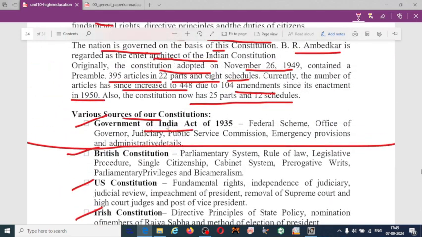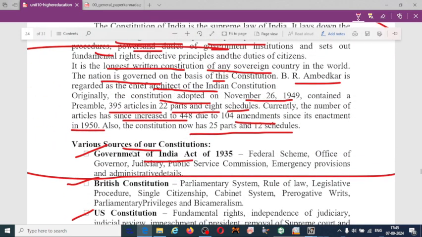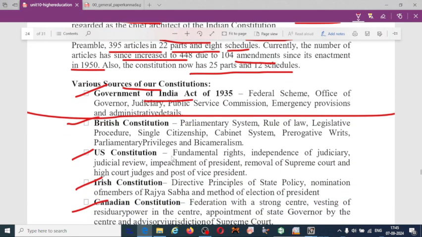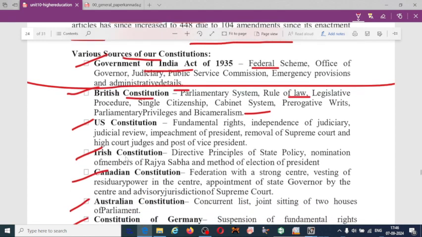So, our Constitution has been built from various important points from the Constitutions of different countries. Government of India Act 1935: these are the concepts that have been covered. British Constitution: these are the concepts covered from the British Constitution. Parliamentary system, rule of law, legislative, and etc.